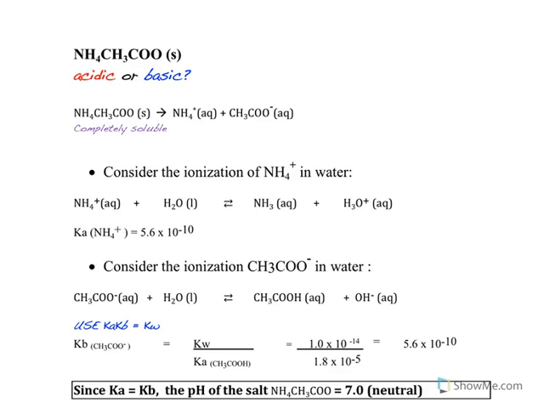Another consideration is looking at a salt that does dissociate completely in solution, is completely soluble. However, when you look at those two ions dissolved in aqueous solution, we recognize that hydrolysis does occur for both the cation and the anion.